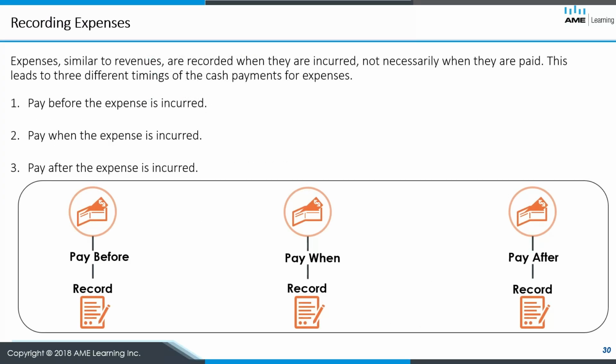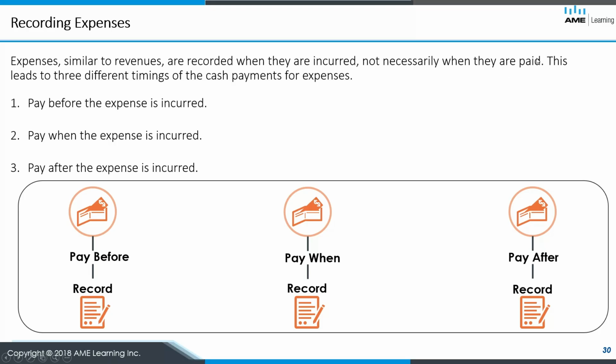Okay, recording expenses. Now, as it notes here, expenses, similar to revenues, get recorded when they're incurred. So just like revenues get recorded when they are earned, expenses get recorded when they are incurred, not necessarily when they are paid.